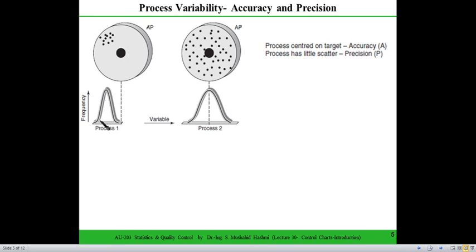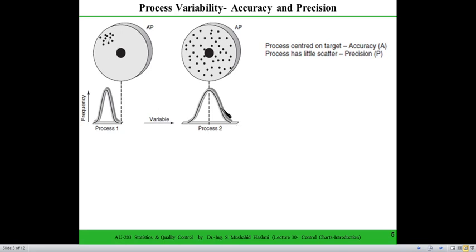So we can say that this is a process that is away from the target, so it is not an accurate process, but it is precise. Precision refers to the variability that is inherent in the process, and dispersion is a measure by which you can look into this variability. So process 1 shows lower variability, but it is lacking accuracy.